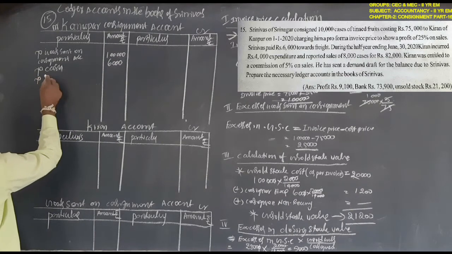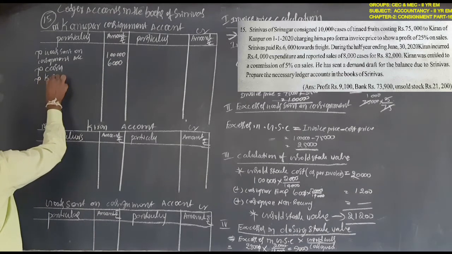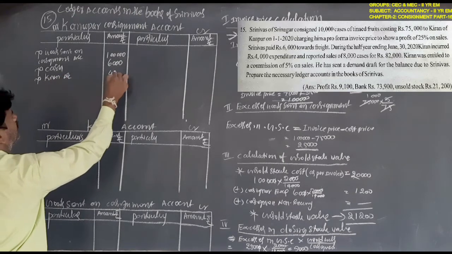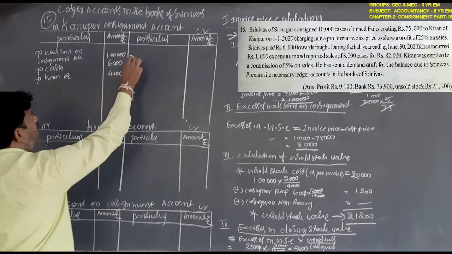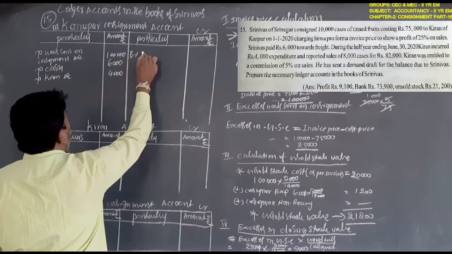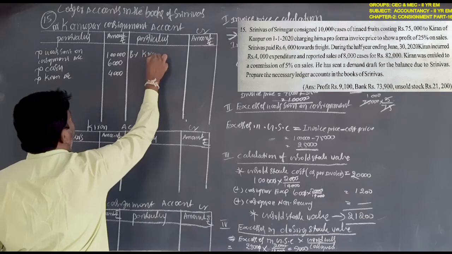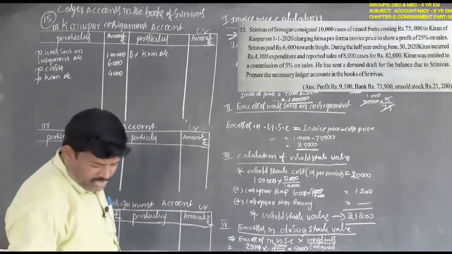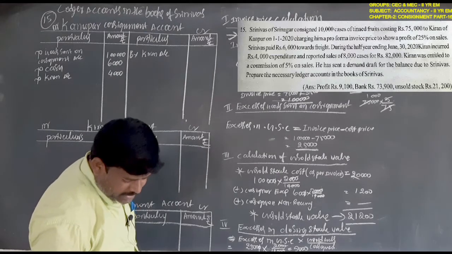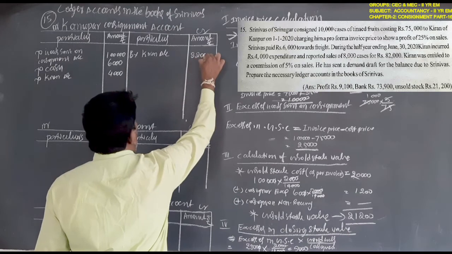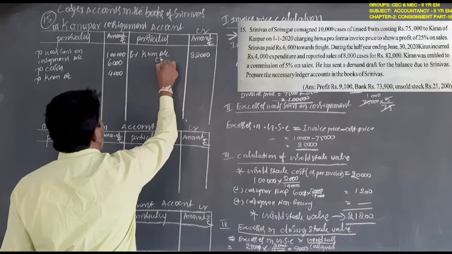Consignee expenses, Kiran, already given in the problem, 4,000. Next, by Kiran account for sales, 8,000 units are sold for 82,000 rupees.